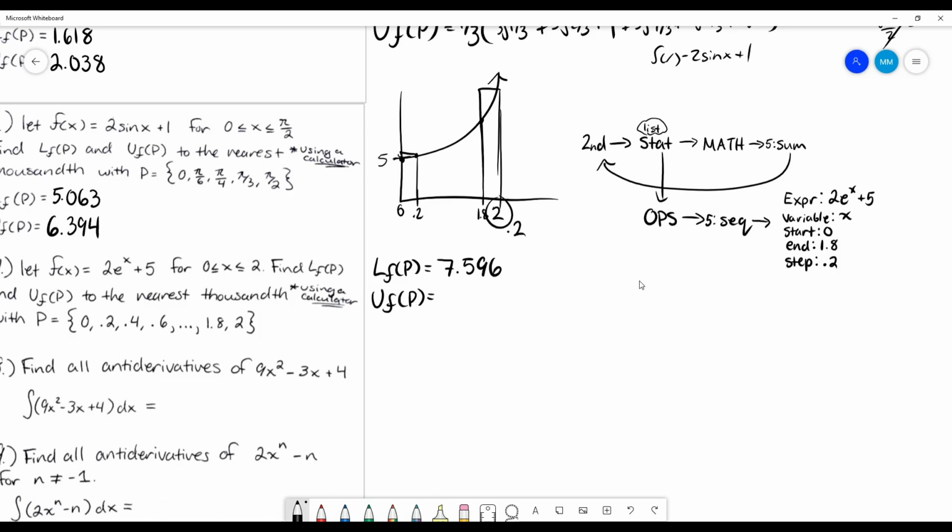We go select the sequence. Okay, so I typed in the wrong thing. Let me redo that, sorry. I didn't even type in the right equation. So 2e to the x plus 5, variable x, our start was 0, our end there was 1.8, and our step is 0.2.